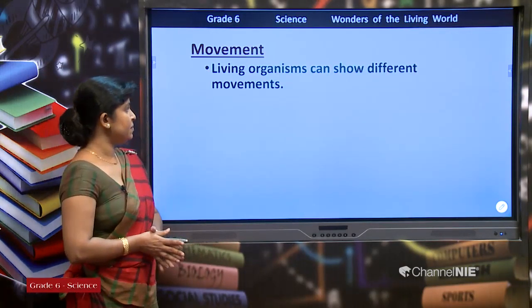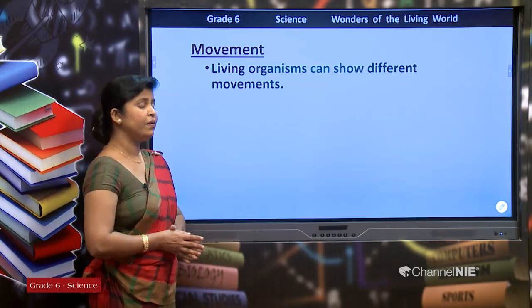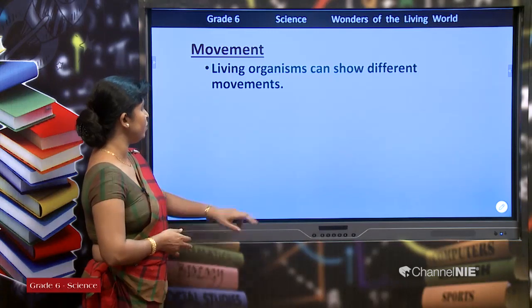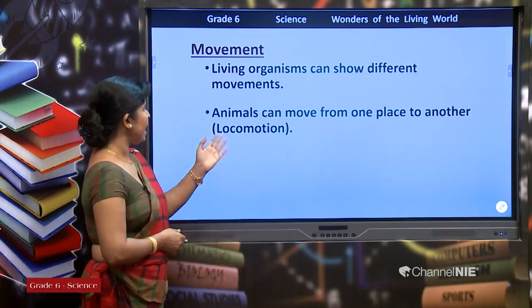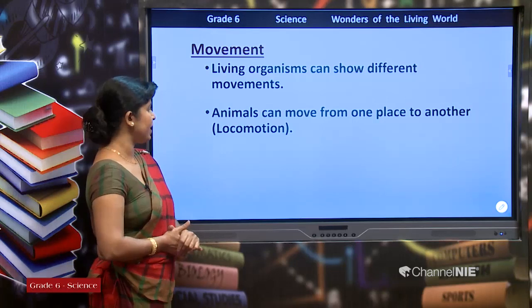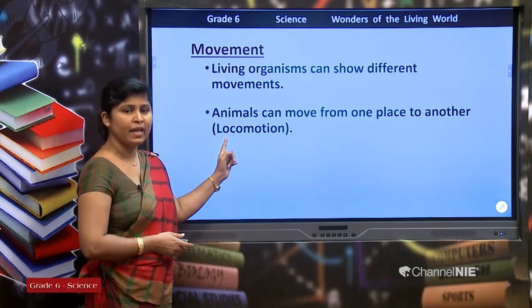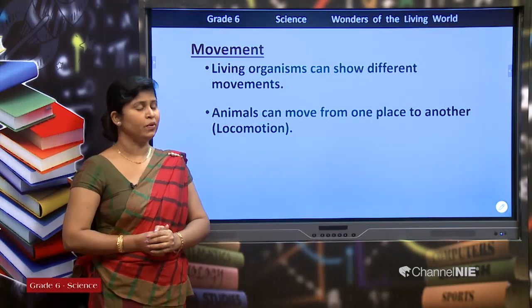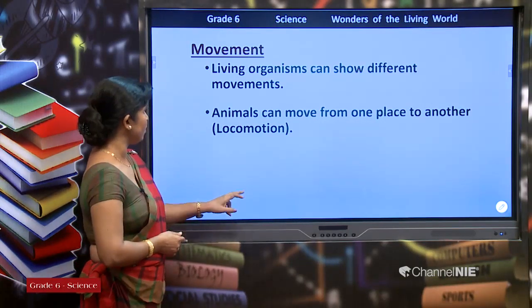Living organisms can show different movements. Animals can move from one place to another. We give a special name for that, that is locomotion.